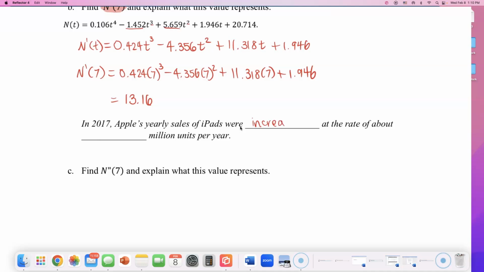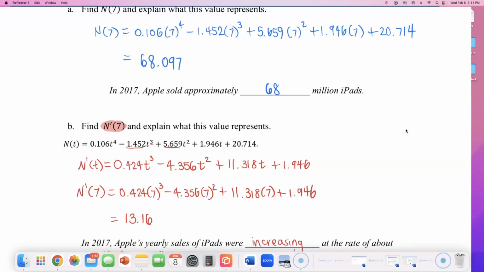If the rate of change is negative, then you say it is decreasing. They were increasing at the rate of about 13.16 million units per year. So what we just found is the rate of change in iPad sales in 2017. That's how you can fill in this interpretation.